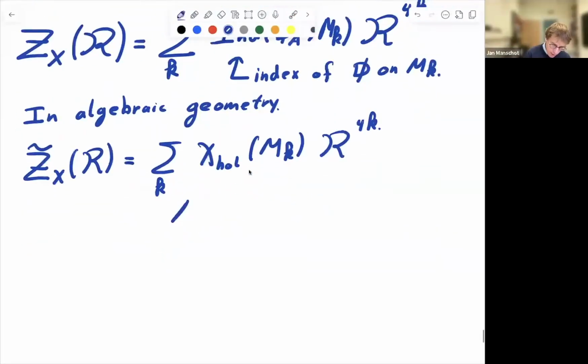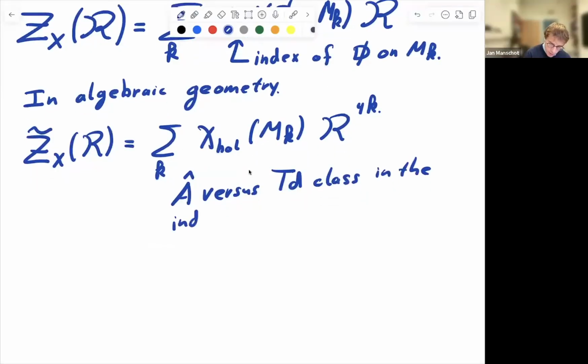So this is the A hat versus Todd class in the index density. Okay, any questions here?